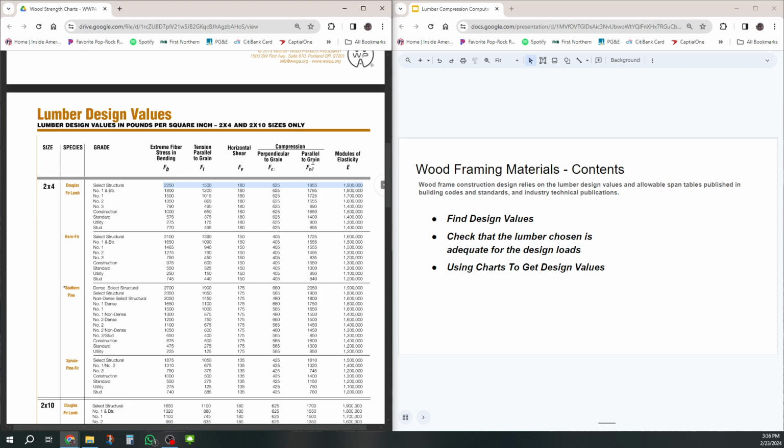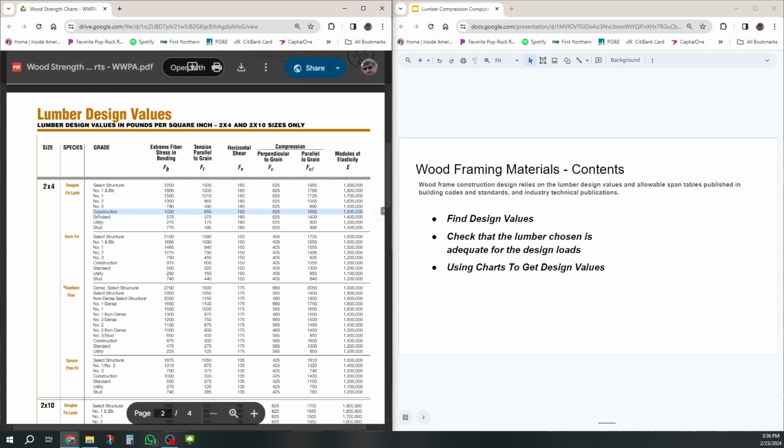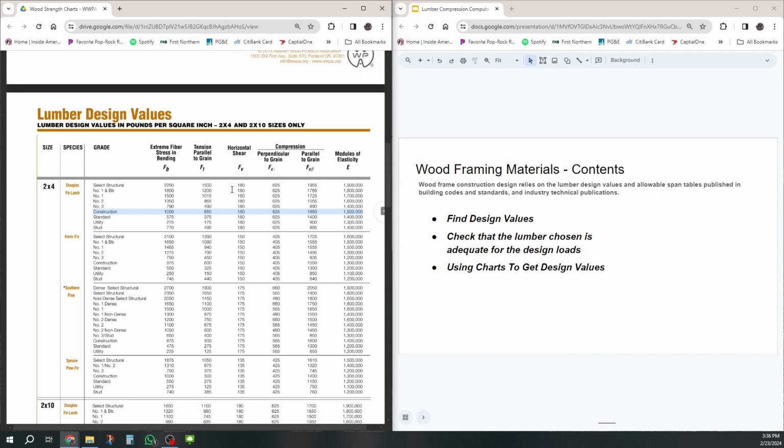So I would follow parallel grain down until I meet that line. If it was construction grade, I'd highlight my construction grade, and for horizontal shear, I'd follow it down until I got to that line. So that's how I use the chart to find the values. And remember, those are maximum stresses that are allowed in the design in that type of loading.